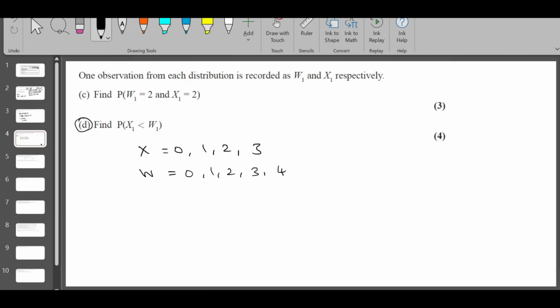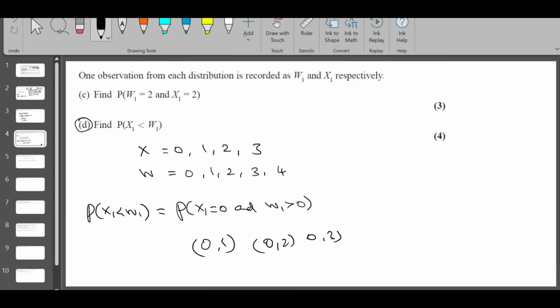Now you need to take all the combinations of numbers where X1 is smaller than W1. So when will X1 be smaller than W1? When X1 is 0 and W1 can be anything greater than 0. Instead of taking these combinations 0,1; 0,2; 0,3 and adding them, you can write it this way, which is a lot easier.